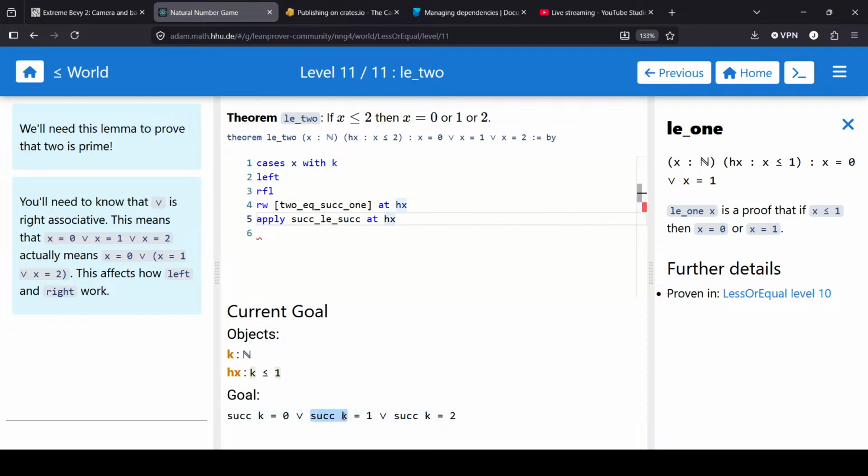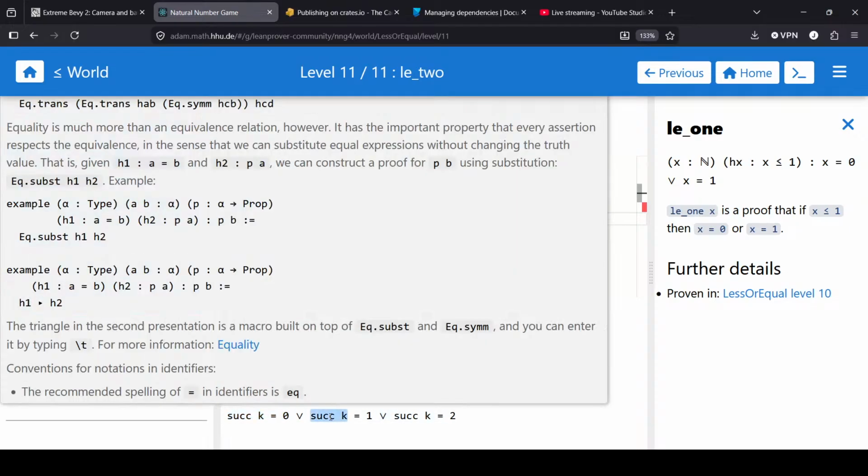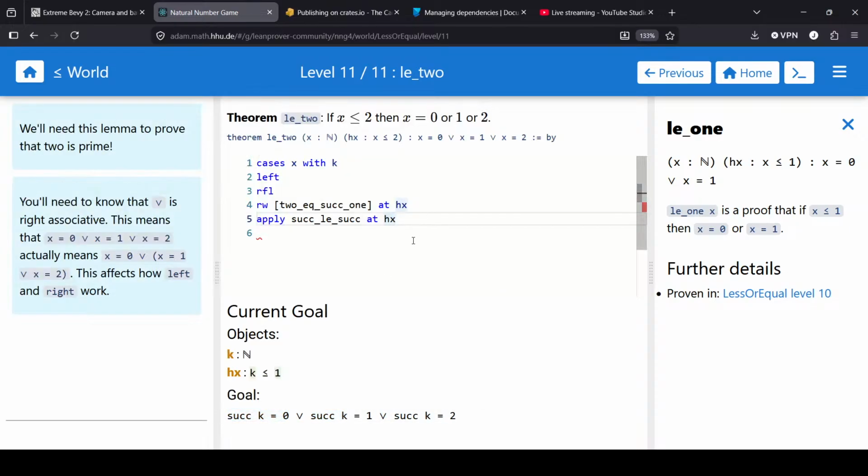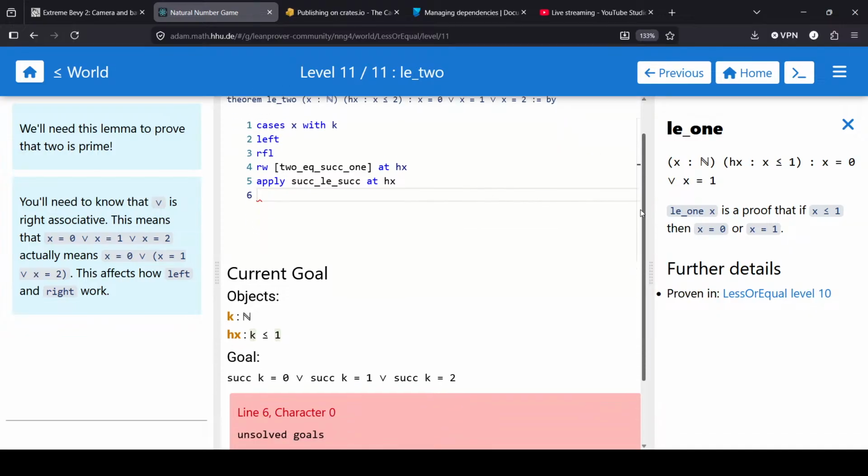But I need to remove the suck from the goal. So how do I do that?